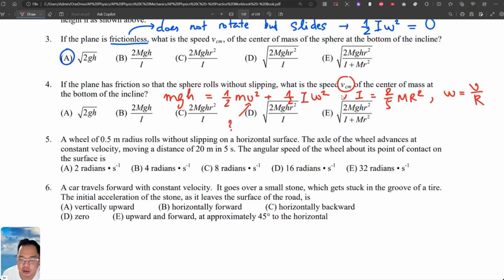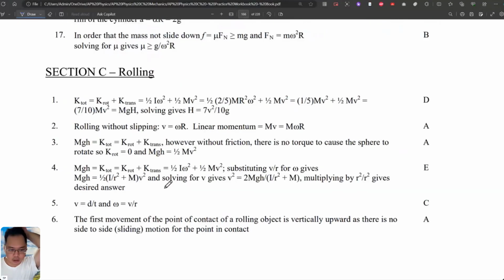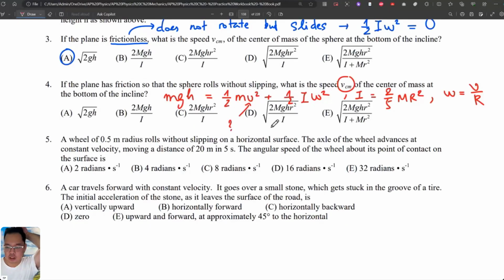After solving that equation, tell me the answer that you choose: A, B, C, D. Answer D. Check it. Question 4, answer is E. Check again your calculation. You made a mistake somewhere. Two more minutes. If you still cannot find the mistake, I will solve it.